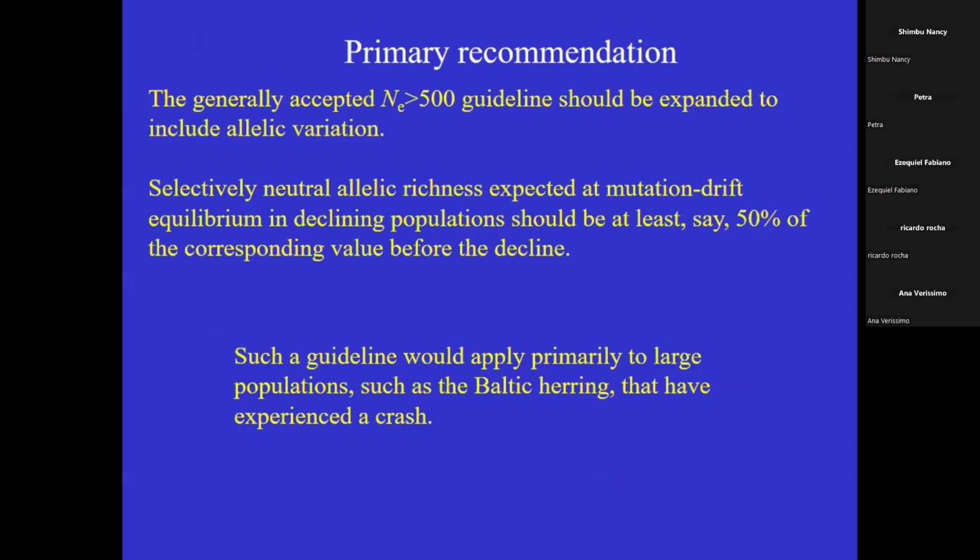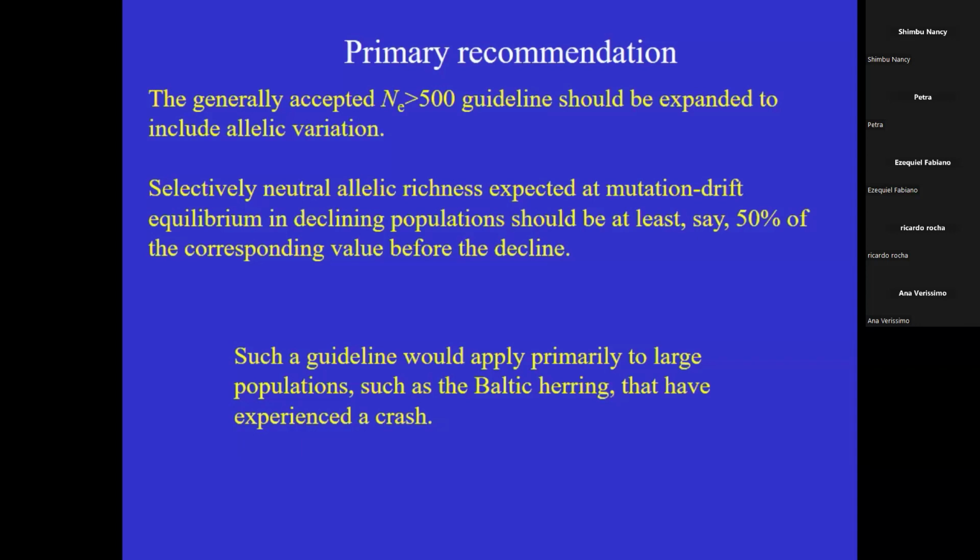So now I get to the point where I say to myself, so what? How important is this observation? It's fairly clear that theoretically, allelic diversity is much more affected by bottlenecks and reduction in population size, which is not taken into account in the standard recommendation of an NE of at least 500.